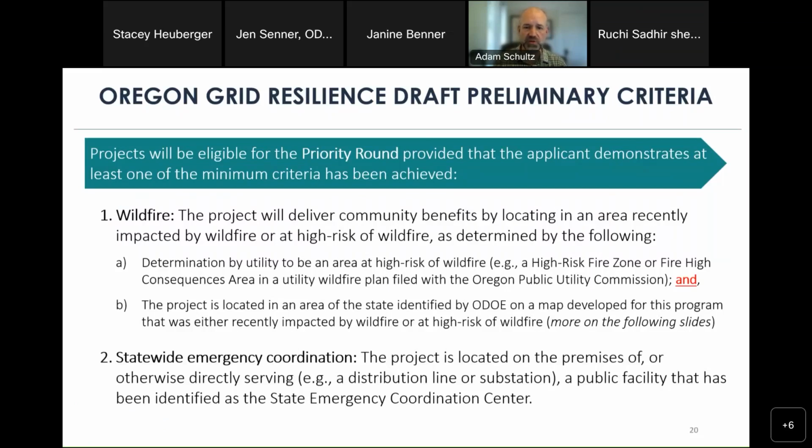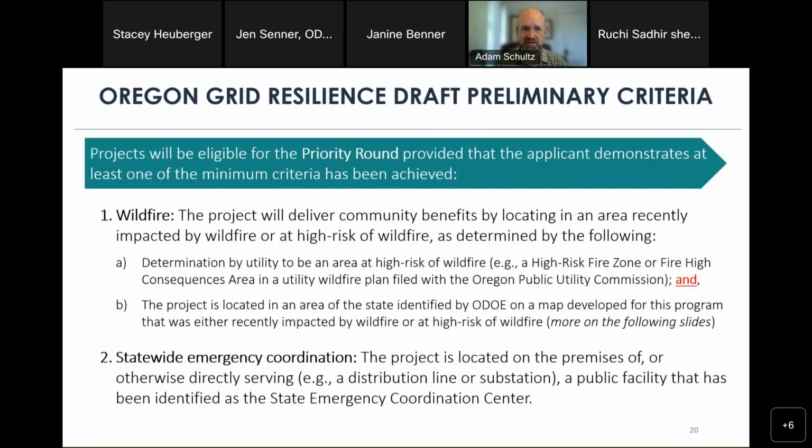So here I provide a little more detail around some of these criteria, and I'll get into some visuals and maps on the slides ahead. To apply for the priority round, a project must satisfy one of the following criteria. Here we'll take a look first at wildfire. So to qualify as a wildfire project, we're proposing a multi-step process. First, that a utility applicant must identify the project as being in a high wildfire risk area.